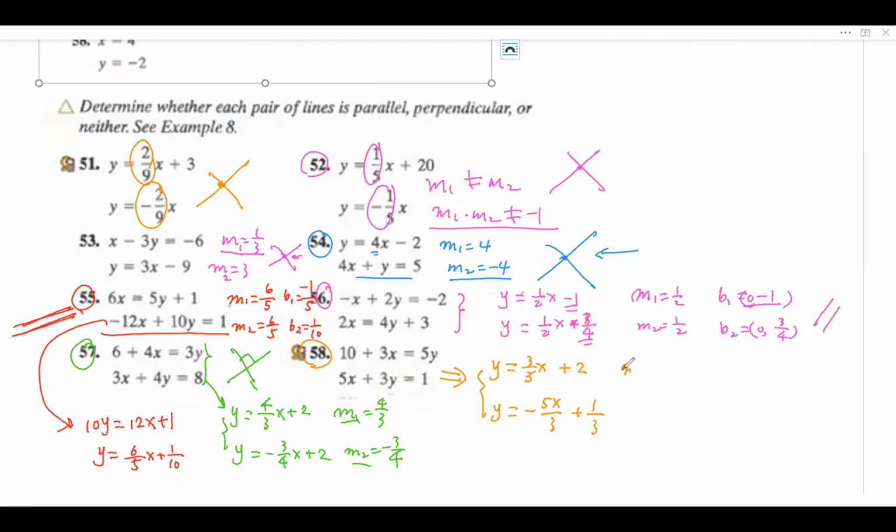So you can see the first slope is 3 over 5. The second slope is -5 over 3, right? So the product of these two, M1 times M2, is -1. So it means they are also perpendicular to each other. They have 90 degrees here.